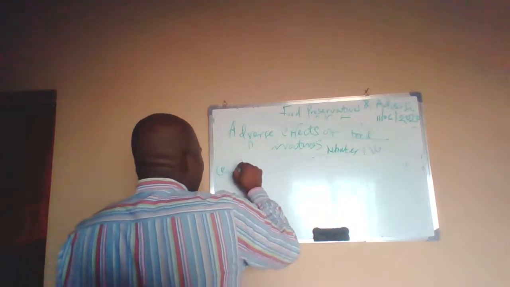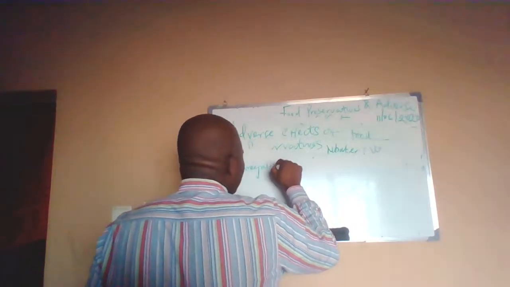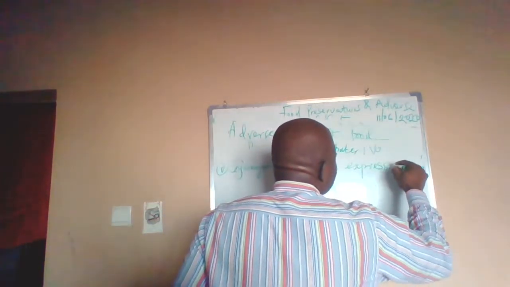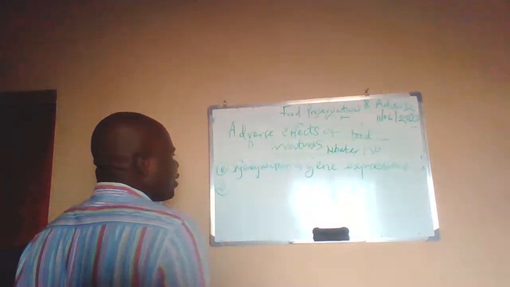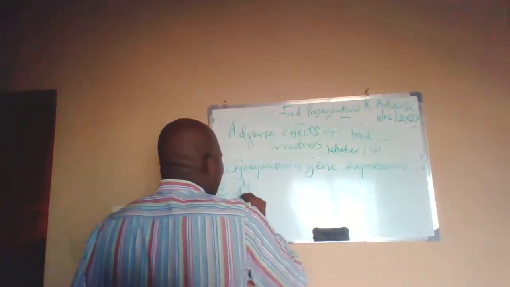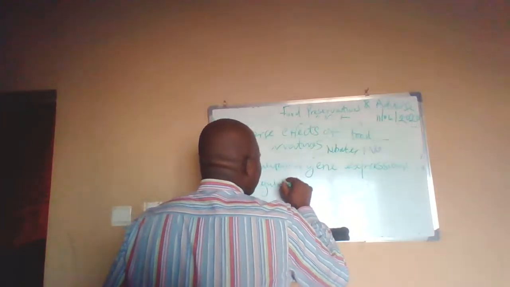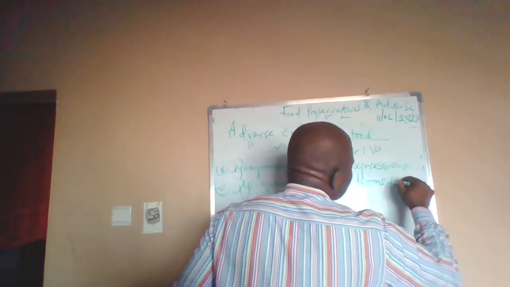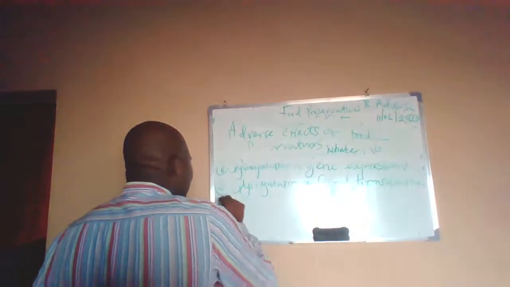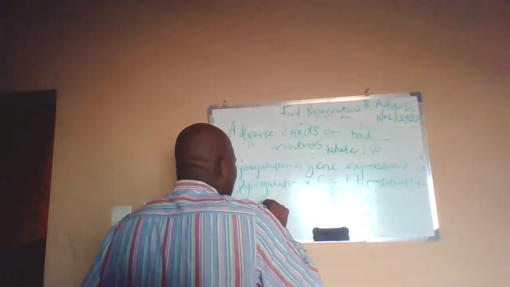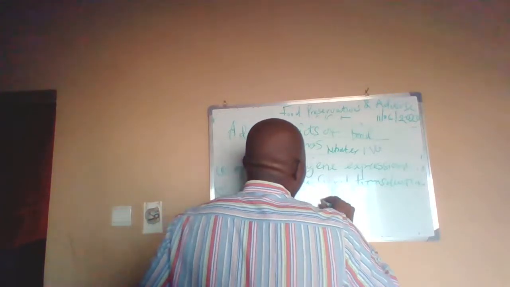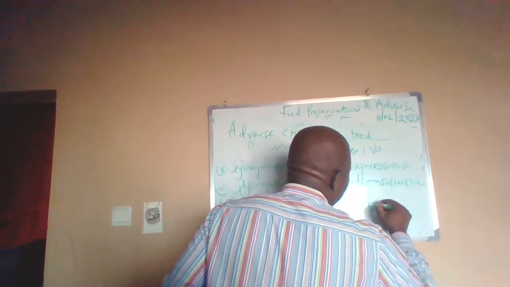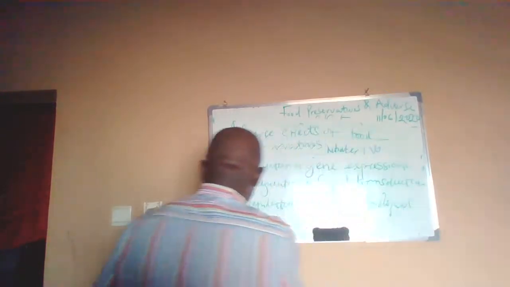We have, one, dysregulation of gene expression. Number two, dysregulation of signal transduction. Number three, dysregulation of ongoing biological cellular process.